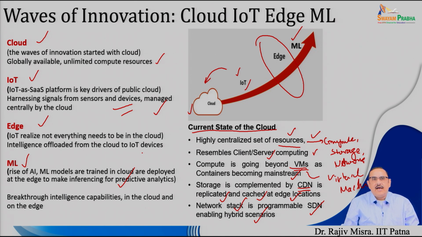So, this wave of innovation, that is, doing the machine learning very close to the devices, means the need to send all the data to the cloud can be avoided, and therefore this breakthrough in intelligence capabilities in the cloud and on the edge is evolving.